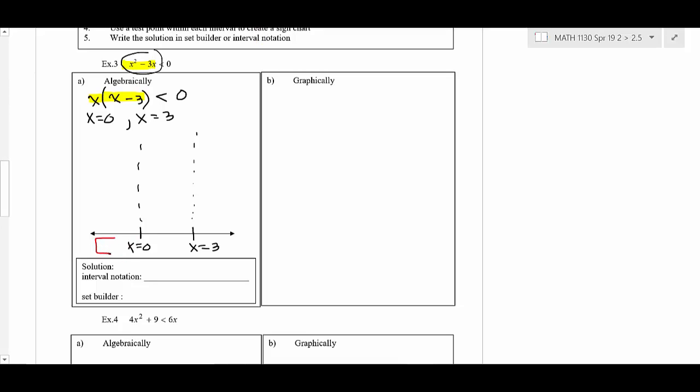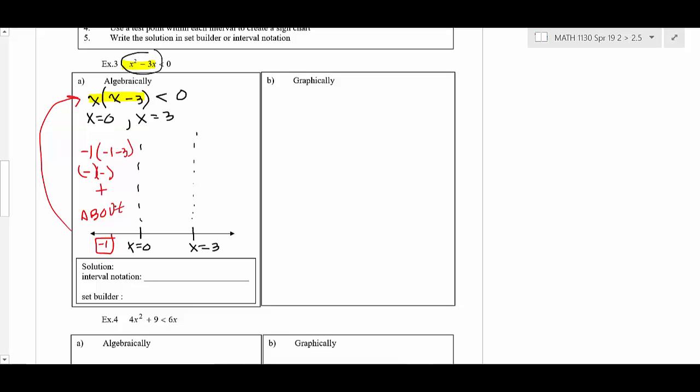So I'm going to use a test point of -1, and I'm going to plug that into the factored form. So I'll have -1 times -1 minus 3. You can process that in your head if you want to. That's just a negative times a negative, so that's a positive. That means the graph, again, is above the x-axis.